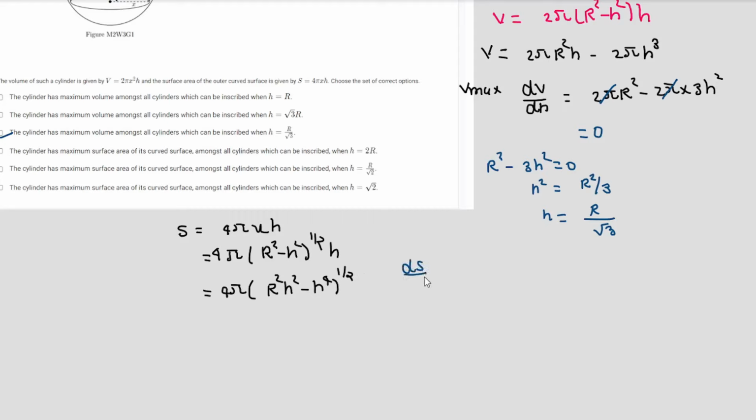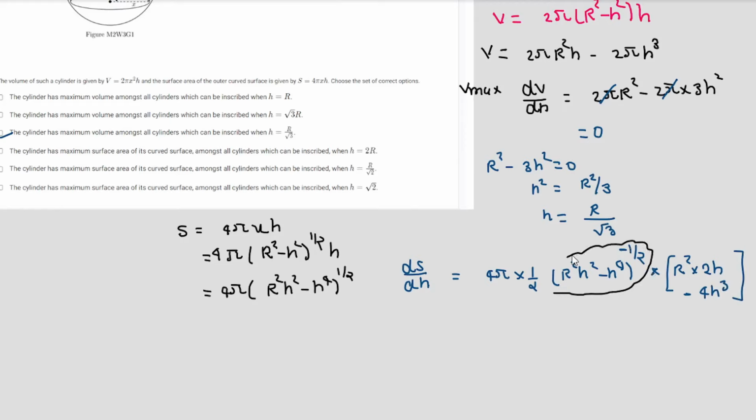Now we will find the derivative with respect to h. So it will be equal to 4 pi times half, r square h square minus h to the 4 to the power of minus half, times r square times 2h minus 4h cube. This goes in the denominator, so that term will vanish.